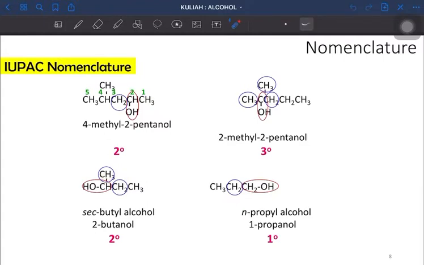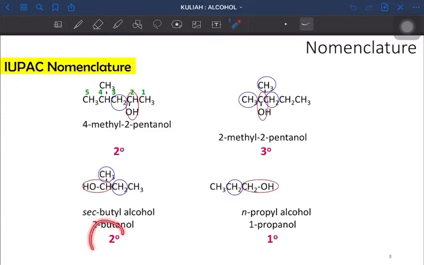And the OH is here, so the OH is bonded at carbon number 2, so 2-butanol. And then we have sec-butyl alcohol. So this structure is called sec-butyl alcohol, or we call it 2-butanol. So sec-butyl alcohol is the general name, but if we use the IUPAC name, it is 2-butanol, because it does not have any substituent.